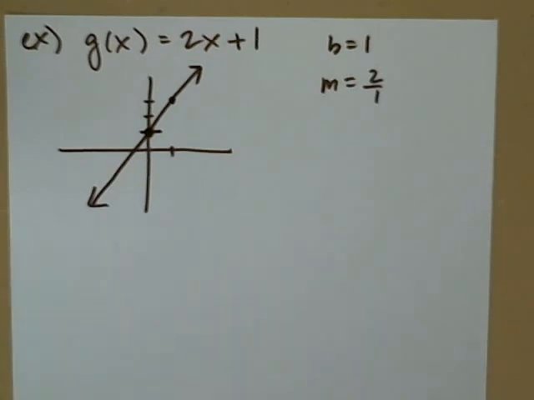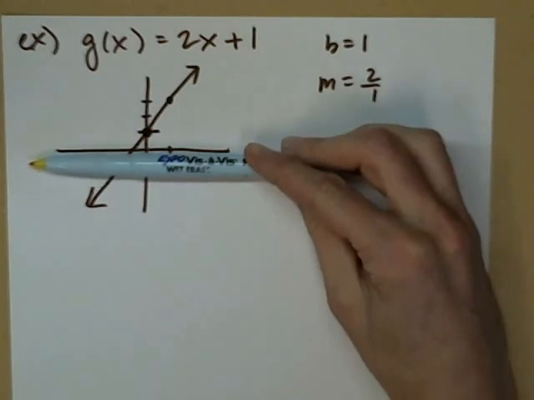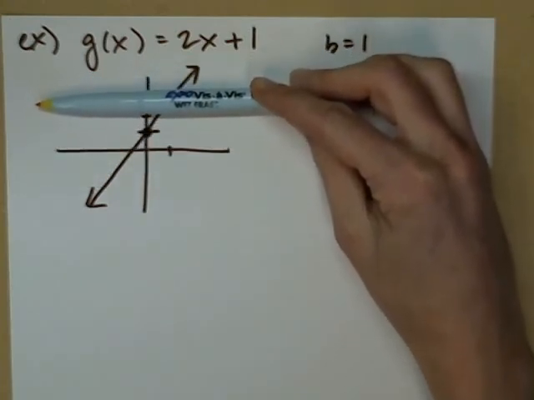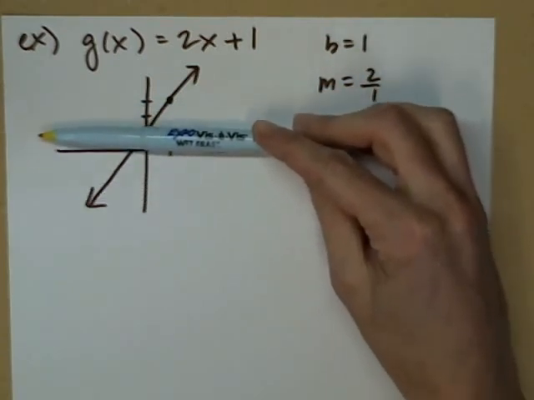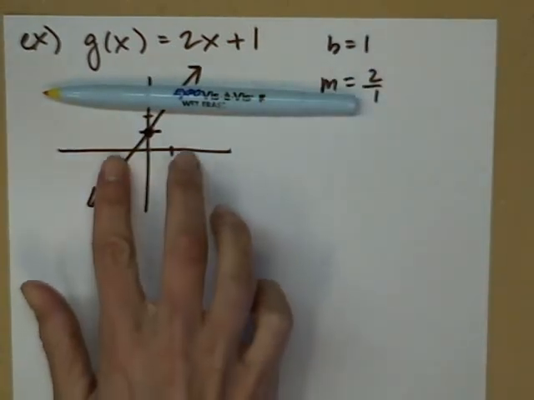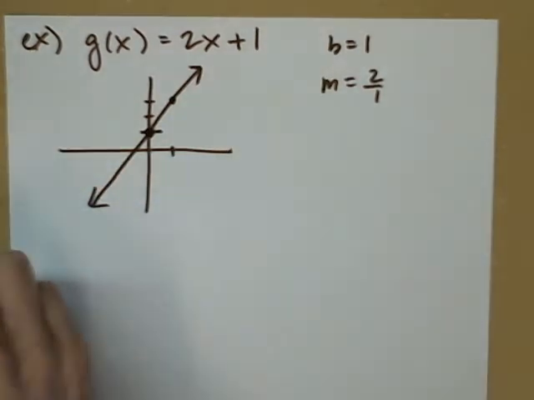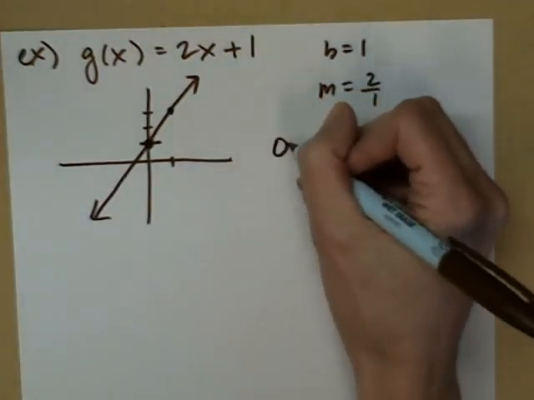In order to test for 1 to 1, I take a horizontal line, I use my pen, and I check to see if there are any x values that have the same y value. My horizontal line only ever passes through the graph once, so I never have two x values that match up to the same y value. So this particular function is 1 to 1. So I do that initial 1 to 1 check.